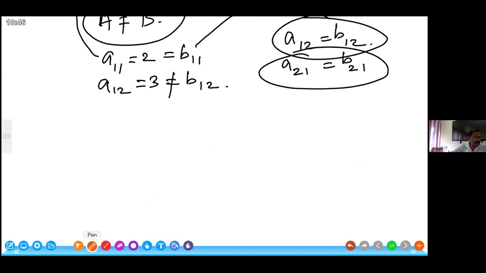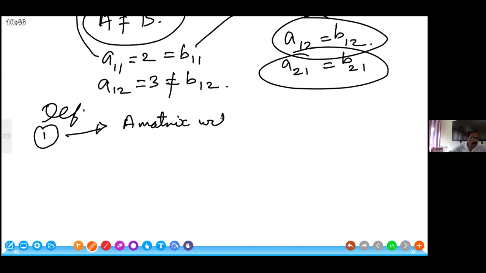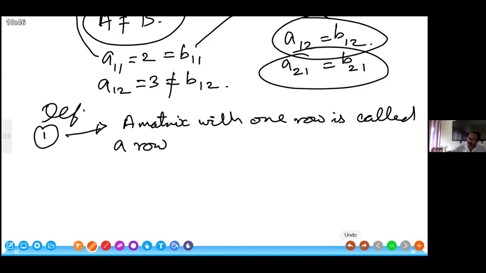Right. Some definitions, just to fulfill our notes. A matrix with one row is called a row matrix, which is called a row vector.